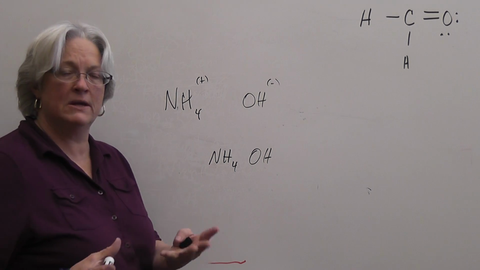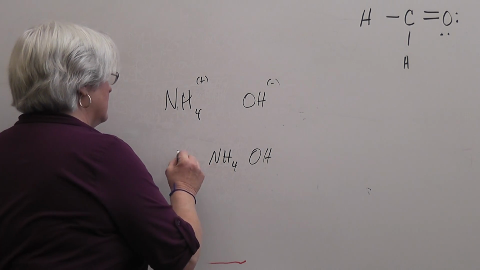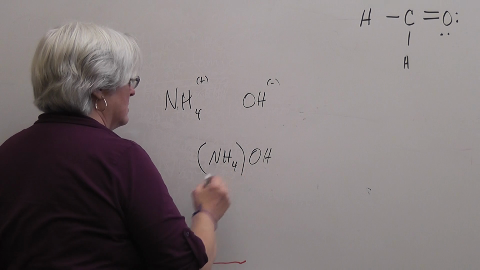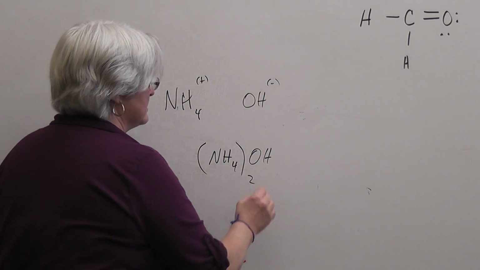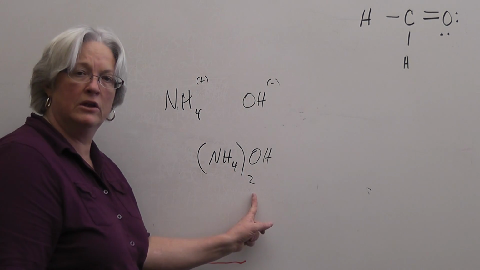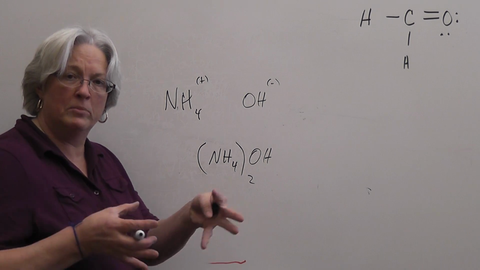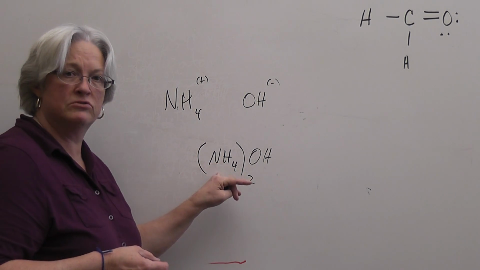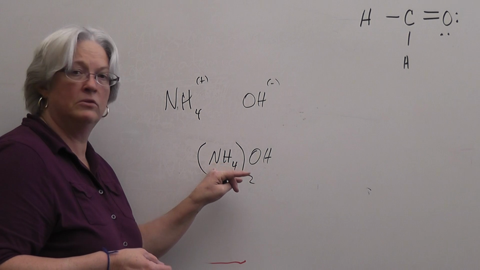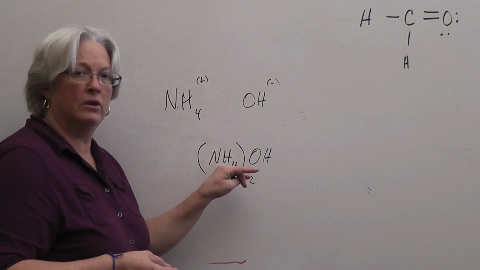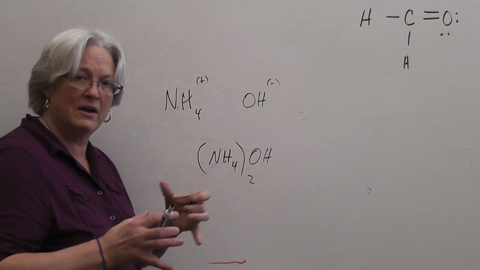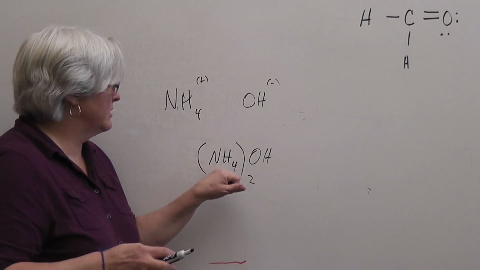And now you see why sometimes they're going to put things in parentheses, because this tells you that you have two ammonium ions. It's not that you have two nitrogen atoms and 4 hydrogen atoms. It's that you have this ion thing all hooked up.